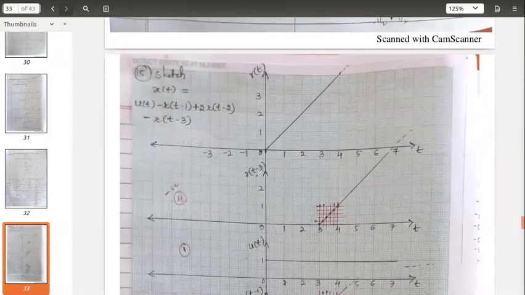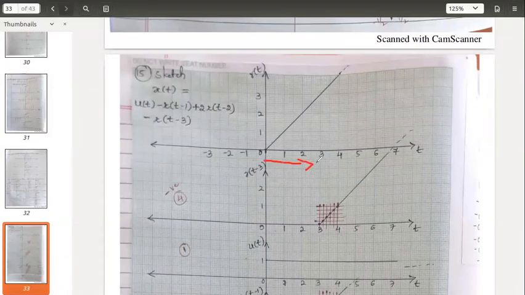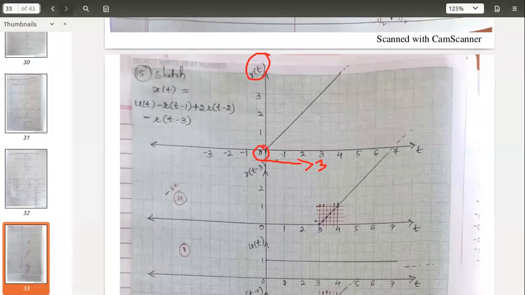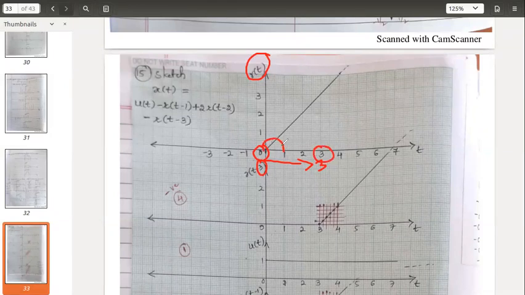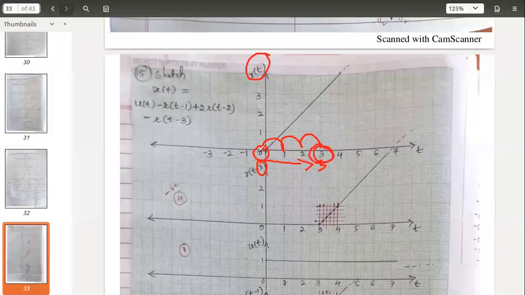So how is r of t minus 3 drawn? It is shifted to the right side by 3. If you shift this r of t, which starts from 0, by 3, you will reach 3. The 0 point is shifted by 3, so you will reach 3. Old time is 0, new time is 3.